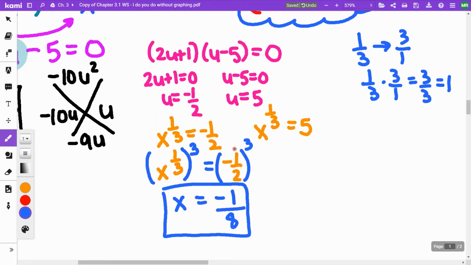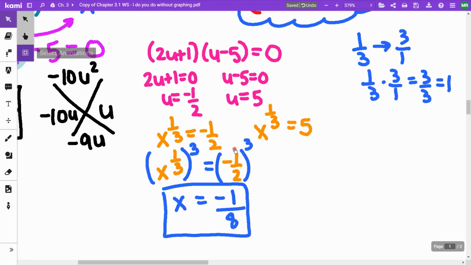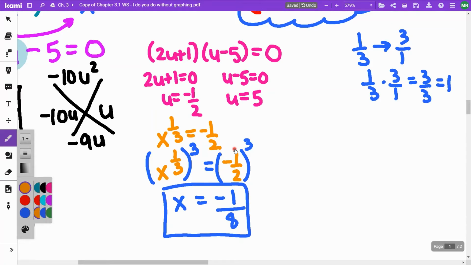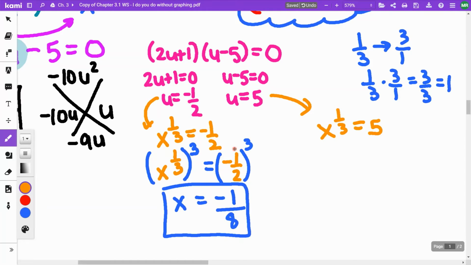Okay. Now, I had two things here. I set this to this, and then my u equals 5 is also x to the 1/3 equals 5. I don't want that to be x to the 1/3, so I'm going to go through the same process. Let me rewrite it one more time so you see what it is.